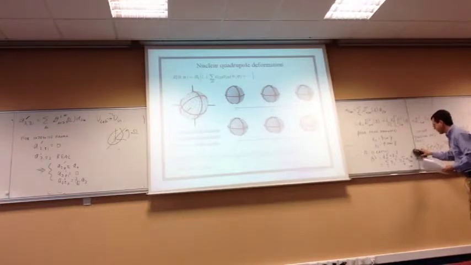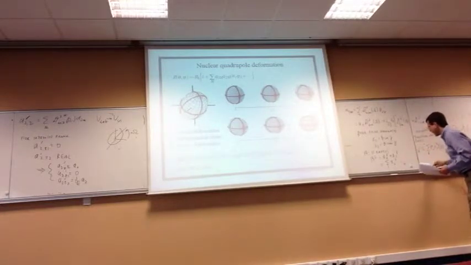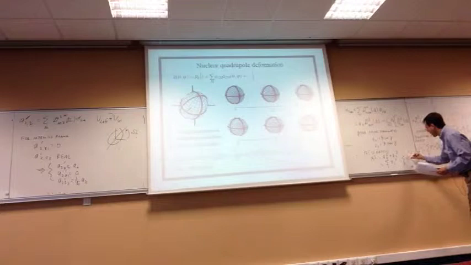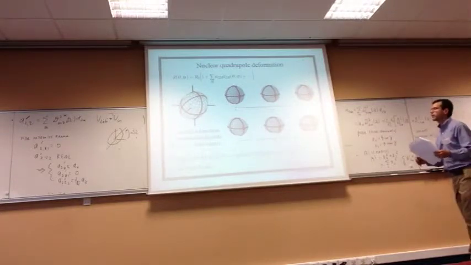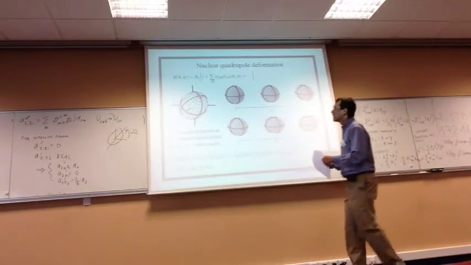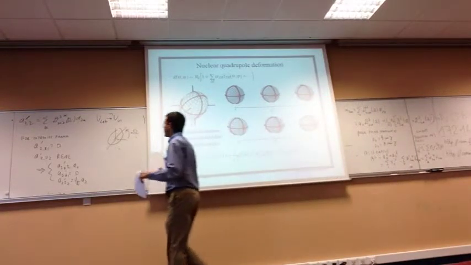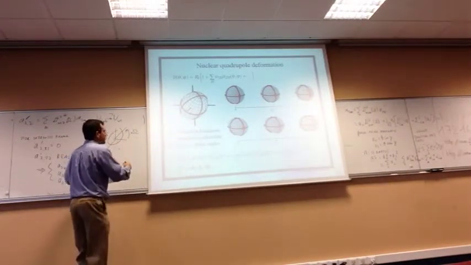Since this is rotational, to fill in a step, it would be the sum over mu of a prime 2 mu star times a 2 mu, but since it's a scalar, you can look at it in any frame. So it's alpha 2 mu star times alpha 2 mu. That's beta. Gamma then gives us the ratios of the components, the y20 component.